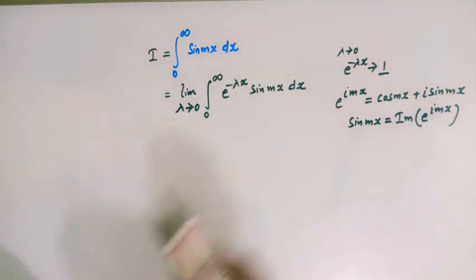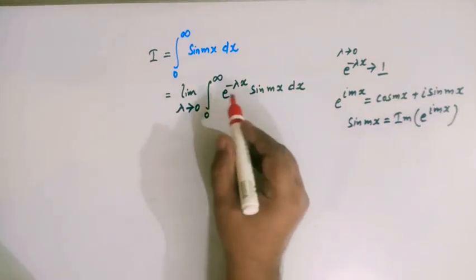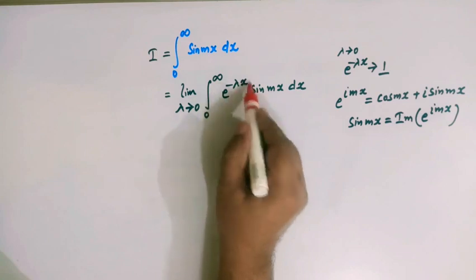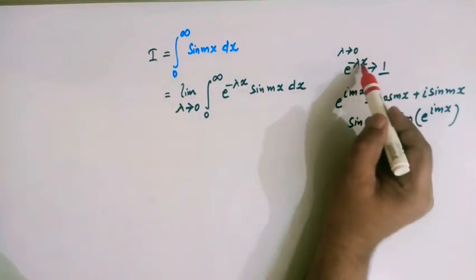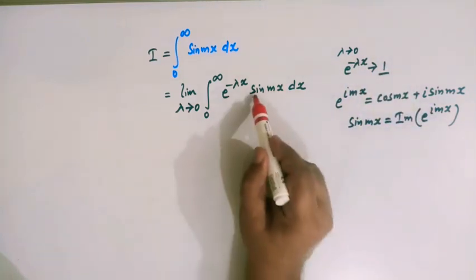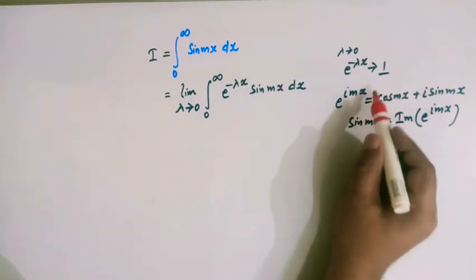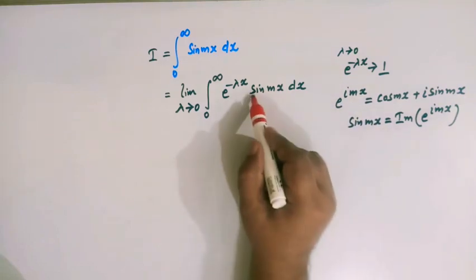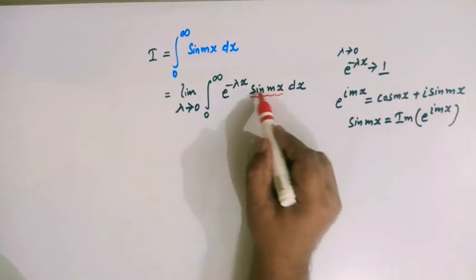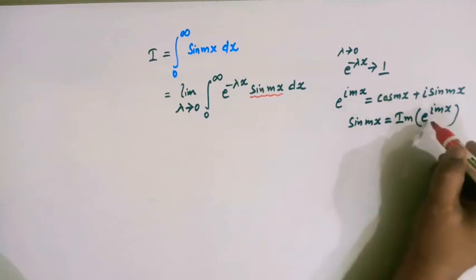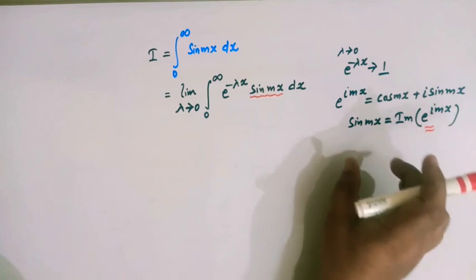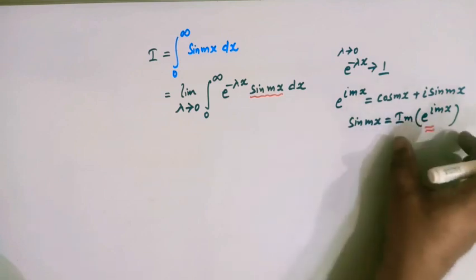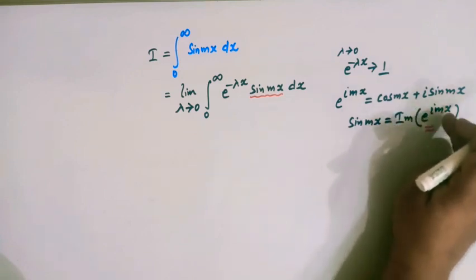So we have done two things. First, we have introduced the factor e raised to minus lambda x, which tends to 1 when lambda tends to 0. And second, we have used Euler's formula to express sine mx in terms of an exponential power.